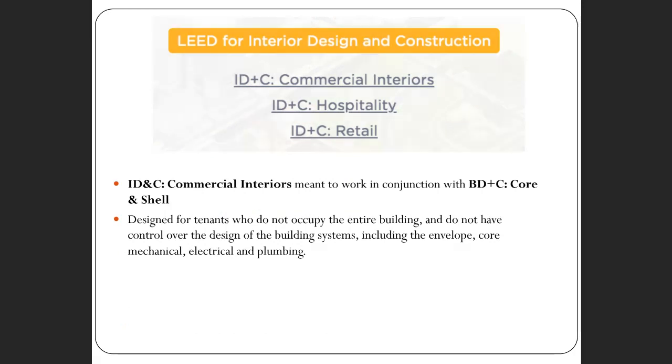And again, here's ID&C, interior design and construction. So ID&C is meant to work with core and shell. The tenant who is fitting out that floor or a couple of floors of a high rise downtown doesn't have control over the design of the building shell or the mechanical systems, the envelope.